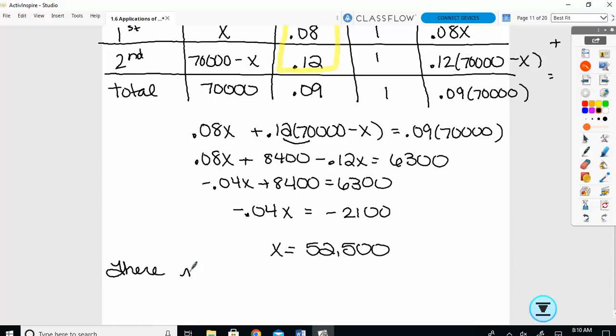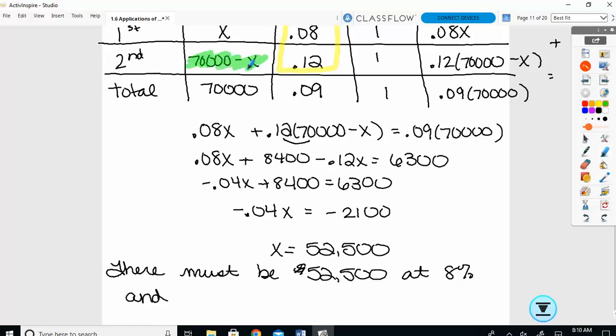So there must be $52,500 at 8%. And how will I get the amount at 12%? 70,000 minus X. The second one is 70,000 minus X. So 70,000 minus 52,500 is 17,500. 17,500 at 12%.